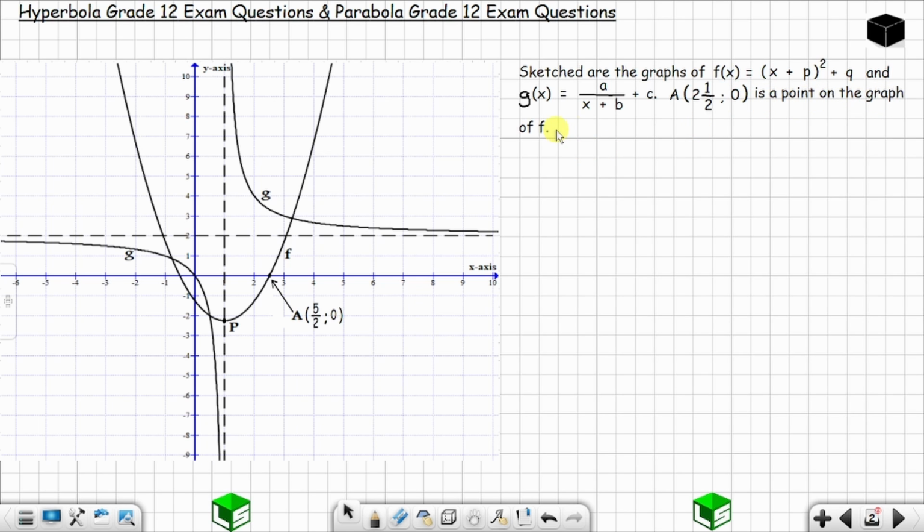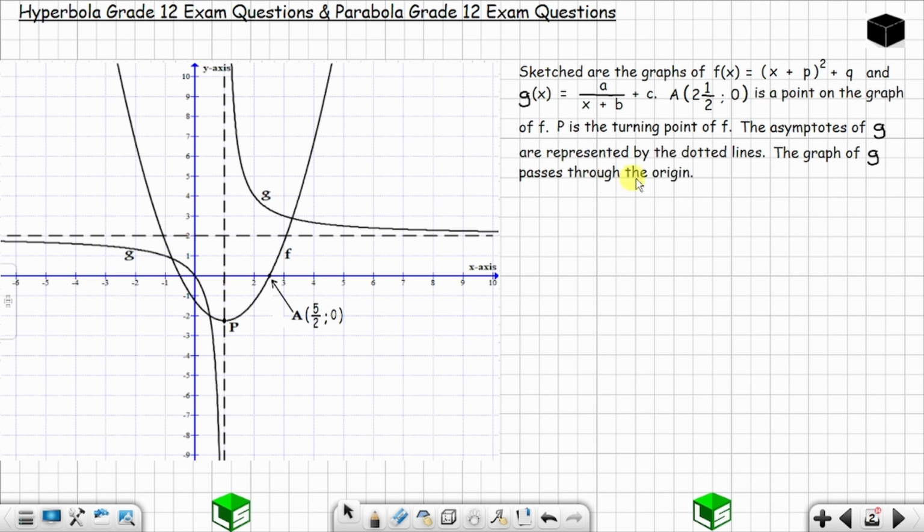The point P is the turning point of f. The asymptotes of the graph of g are represented by the dotted lines, and the graph of g passes through the origin.